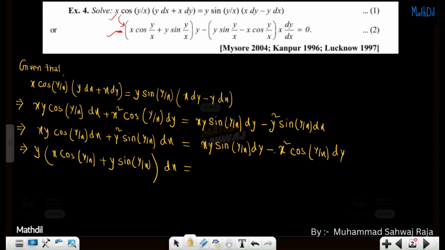Similarly we can take x common on the other side: x into (y sin(y/x) minus x cos(y/x)) dy. We are doing just simple simplification. Till now I think everything is clear, and if not, please stop here and check all the steps.